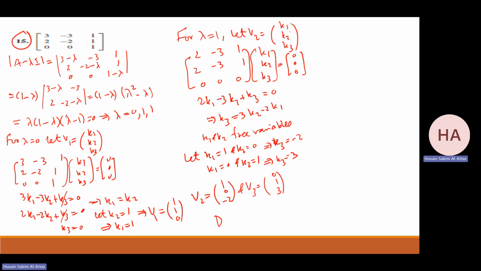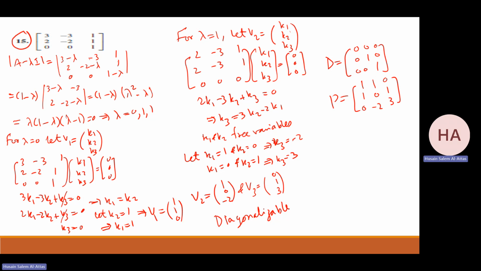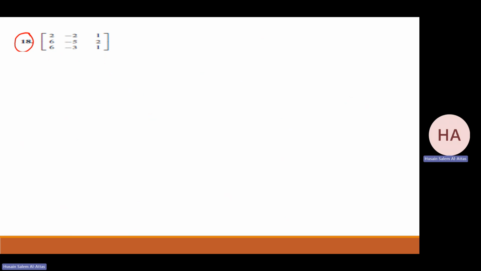So diagonalizable, I have 3 eigenvectors. So what is D? D will be 0, 1, 1. And P will be what? 1, 1, 0, 1, 0, minus 2, 0, 1, 3. There are many solutions, but this is one of them. Okay.